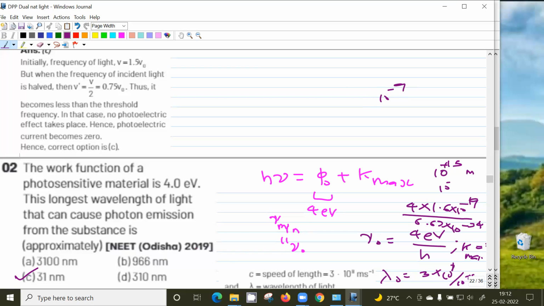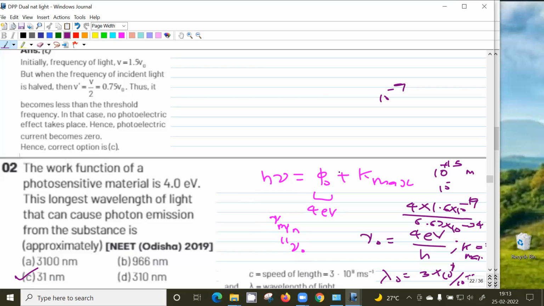Okay, it's 4 electron volts, so 4 into 1.6 divided by 6.6. I think that is approximately cancelling, no? Oh, 3 is there, no? This 3 is going to give me 31.